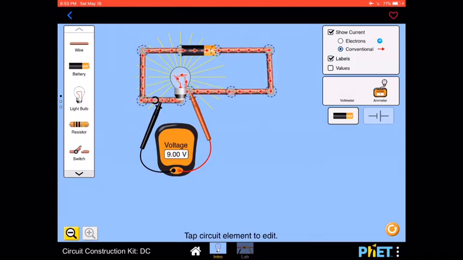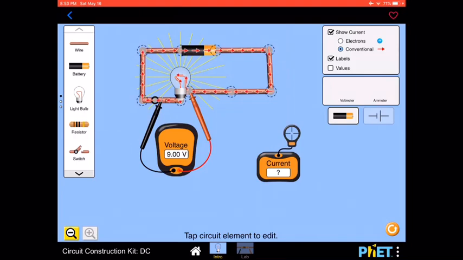If I want to know the current in here, I put my ammeter there, and it says 0.9 amps, which is fine. But obviously we'll need to be able to calculate that. The voltage is 9 volts, which is my battery, and the resistance of my bulb is 10 ohms.